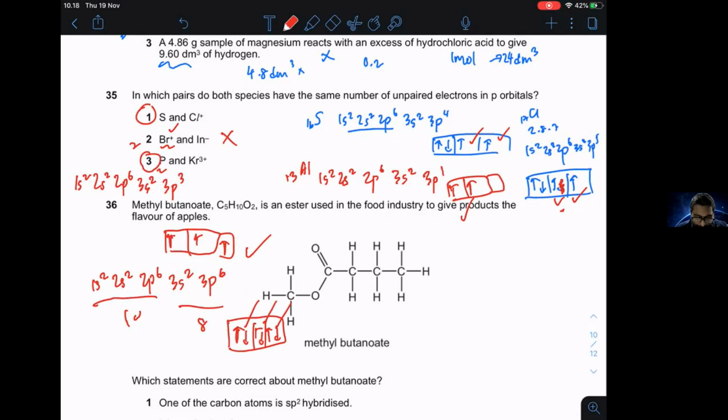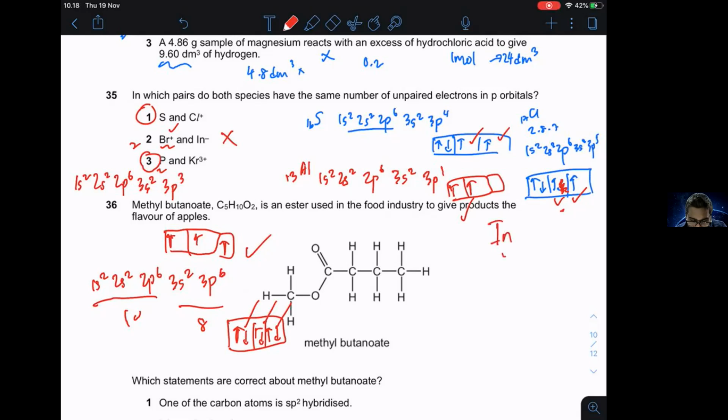So coming back to 2 again, Br plus. Br plus is going to be something with 2 electrons. In, you add 1 more electron.